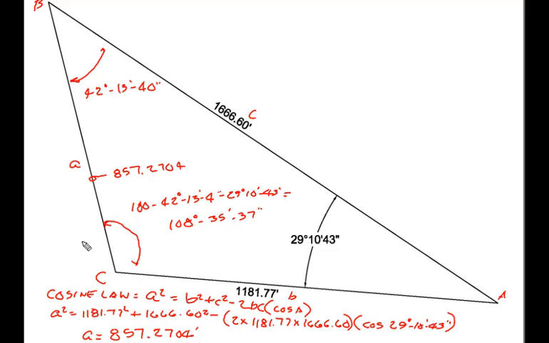Now then, to find the total area of this, we need to find this height, because it's going to be 1/2 the base times the height. So to find the height, we need to square up a line where this is a 90-degree angle.